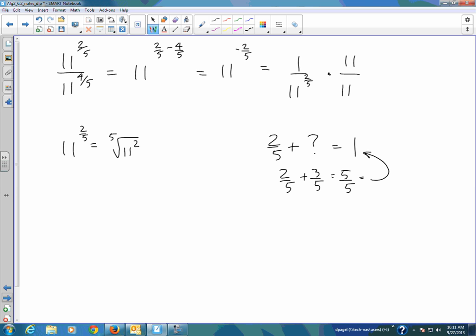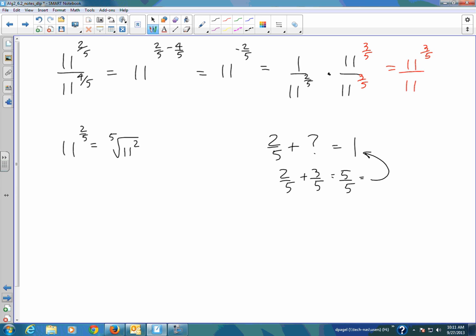So now I'm going to rationalize with an 11 to the 3/5 power on the top and the bottom. That gives me an 11 to the 3/5 power over an 11 to the 5/5, which is 1.